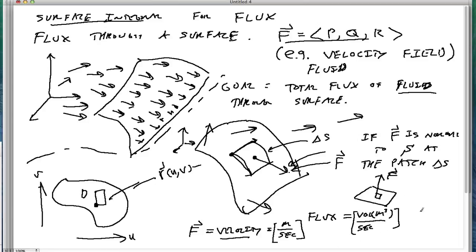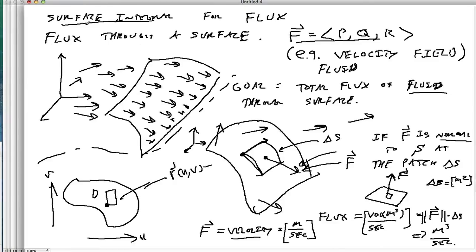So to get the flux, then, we need to multiply the magnitude of F times delta S. And that's in the case when this is normal, so the whole thing is just going right through that surface. Delta S, of course, is meters squared, if we just want to put it in standard scientific notation. So of course that will create meters cubed over second, which is the desired quantity.